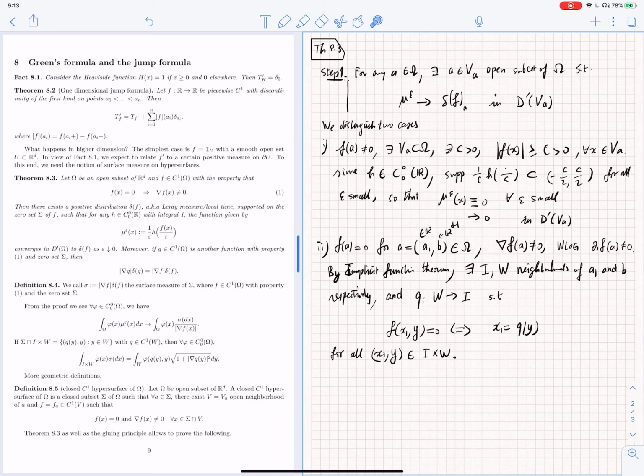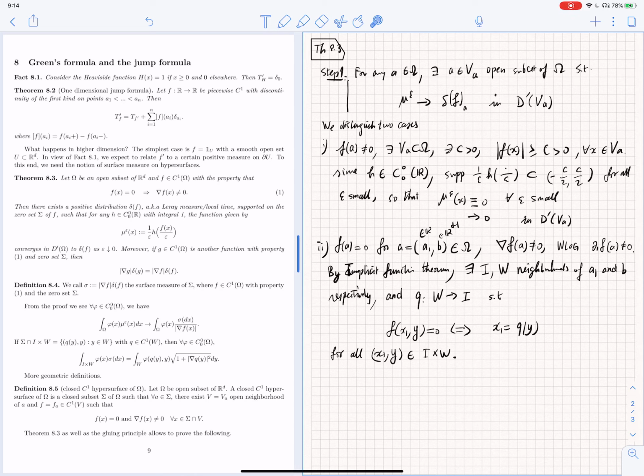So this equation gives rise to a hypersurface. If d is equal to 2, this gives rise to a curve. If d is equal to 3, it gives rise to a real surface, and higher dimensions give rise to a hypersurface. The implicit function theorem says that we can parameterize this surface as follows: the first variable can be parameterized by the second one, so that this defines the same hypersurface that we have here.